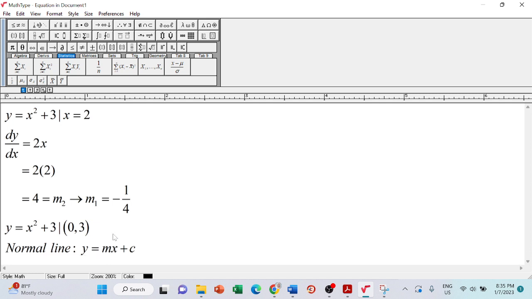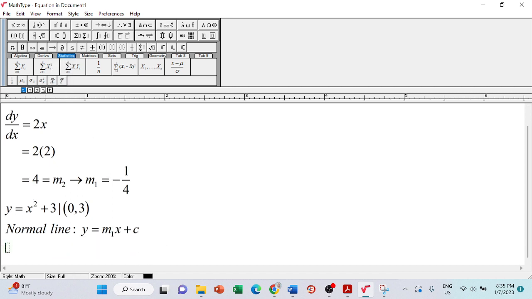So m ni tadi yang kita dapat m1 sebab sekarang kita nak buat untuk normal line. So this is you punya m1. Okay, so kita dah tahu m1 adalah negatif 1/4. So next kita kena tahu c. C dia berapa? Kita akan gunakan maklumat kat sini, point.